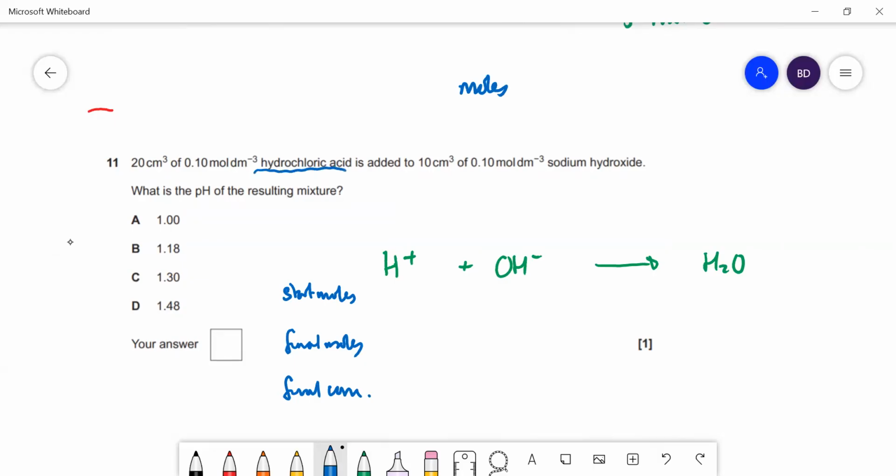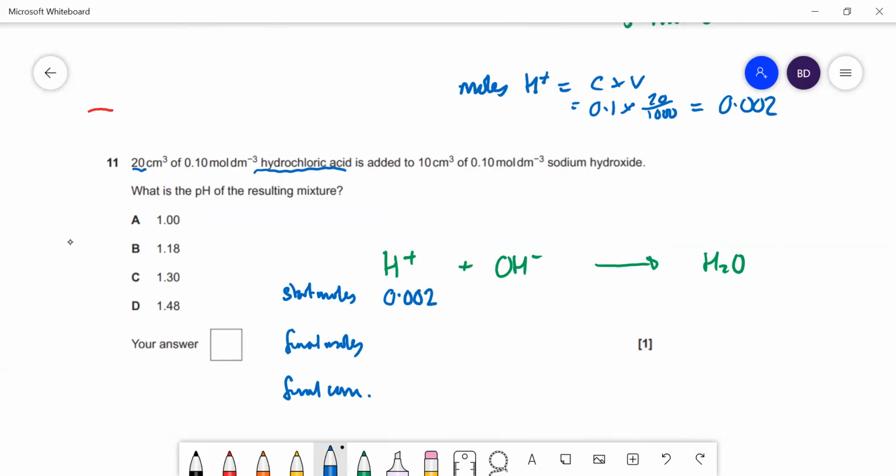So how many moles of H plus have we got? Well, it's the concentration of the hydrochloric acid, because one hydrochloric acid gives you 1 mole of H plus. So that's conc times volume, which is 0.1 multiplied by 20 over 1,000. That gives you 0.002.